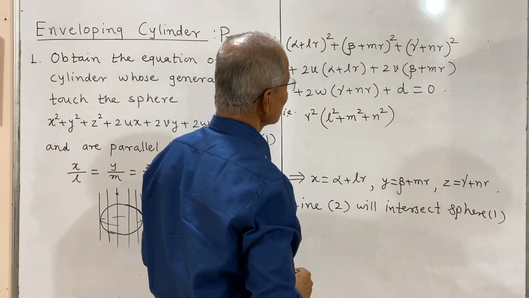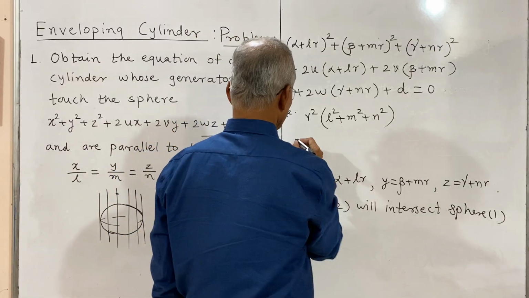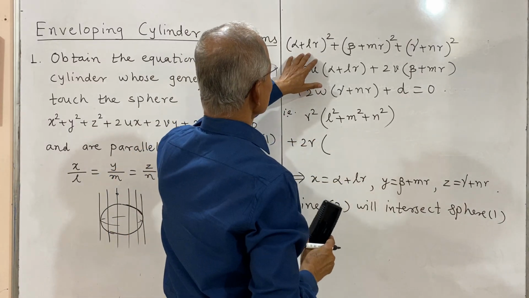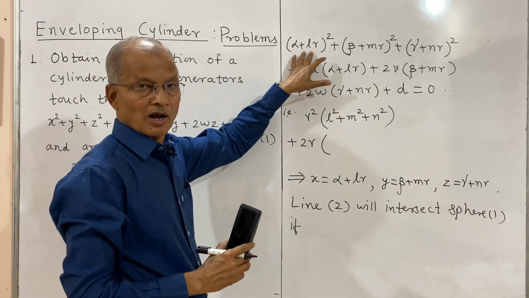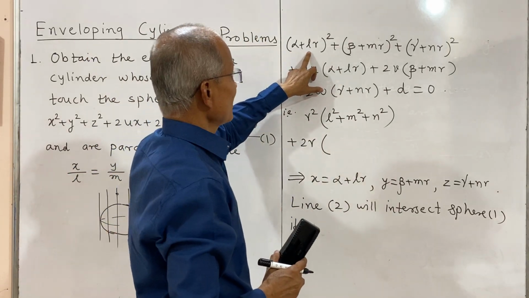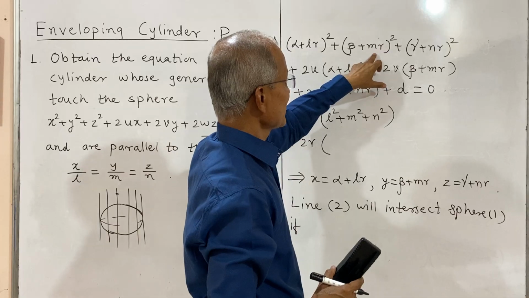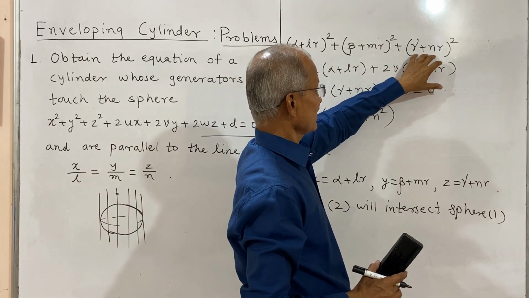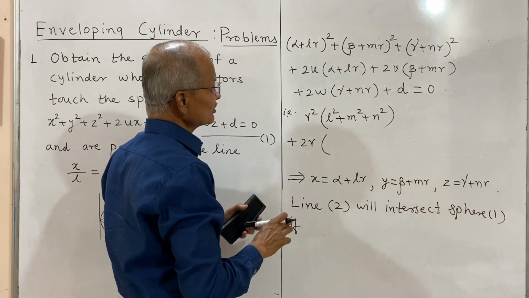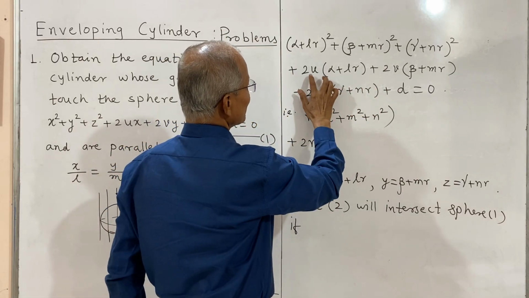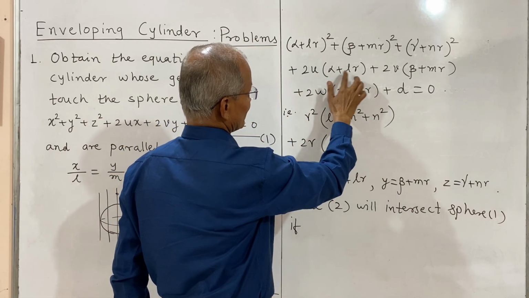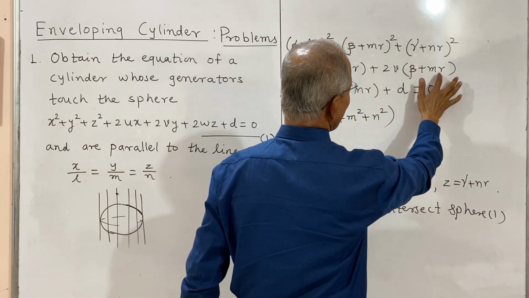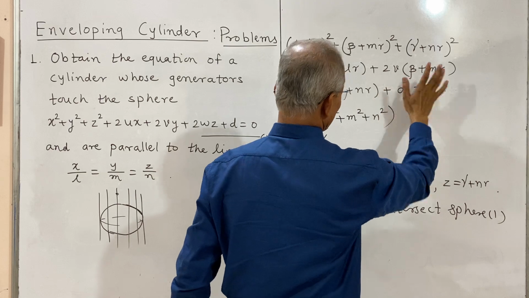Then we shall write the term of 2r into bracket, and here is the middle term 2r into alpha L, 2r beta M, and 2r gamma N. But there is also the term 2u into Lr, that is 2r into uL, and this is 2r into vM, and so on.